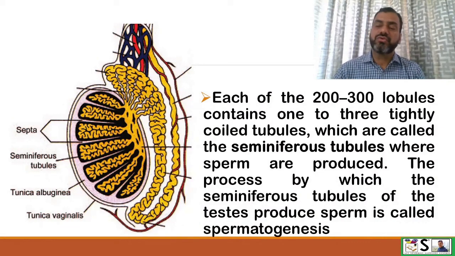Each of the 200 to 300 lobules contains 1 to 3 tightly coiled tubules, which are called seminiferous tubules, where sperms are produced. The process by which the seminiferous tubules of the testes produce sperm is called spermatogenesis.